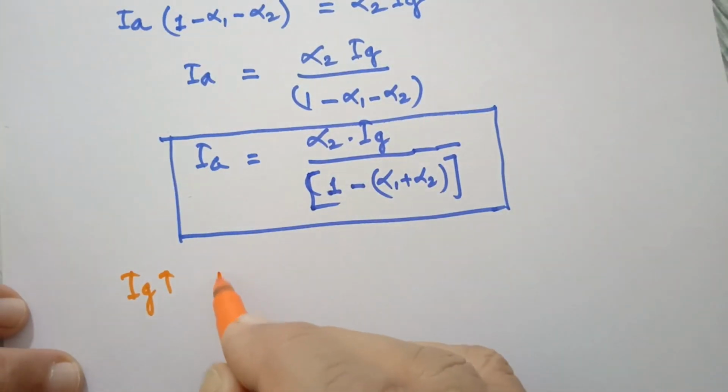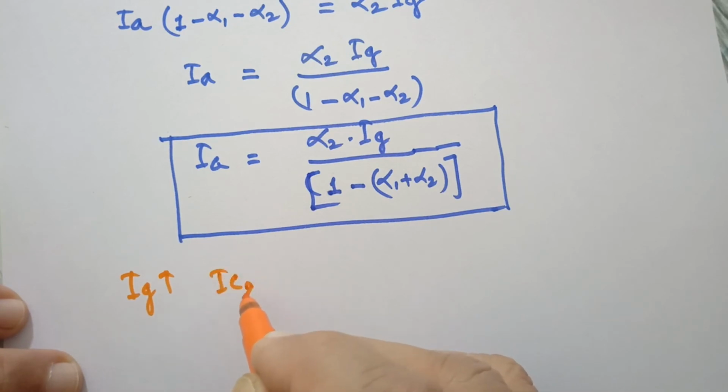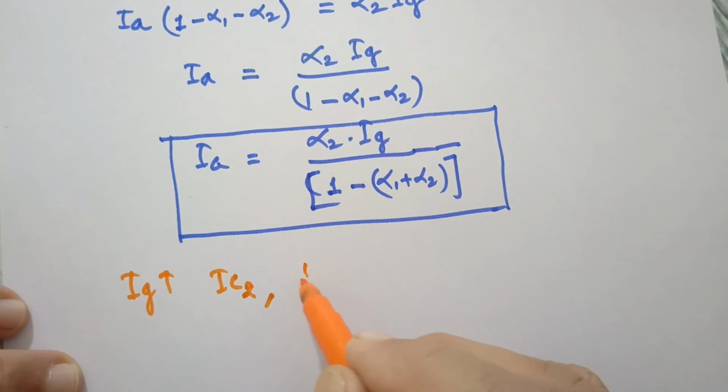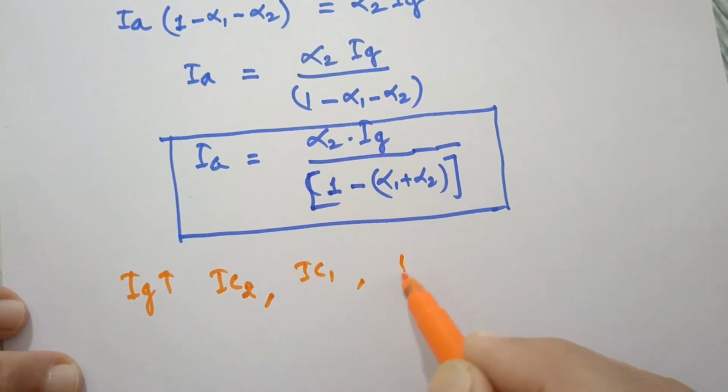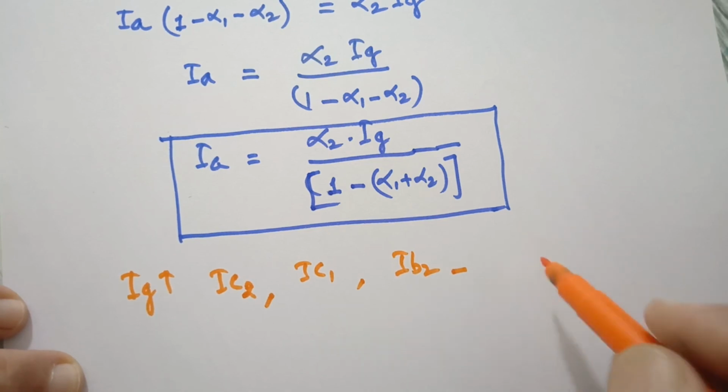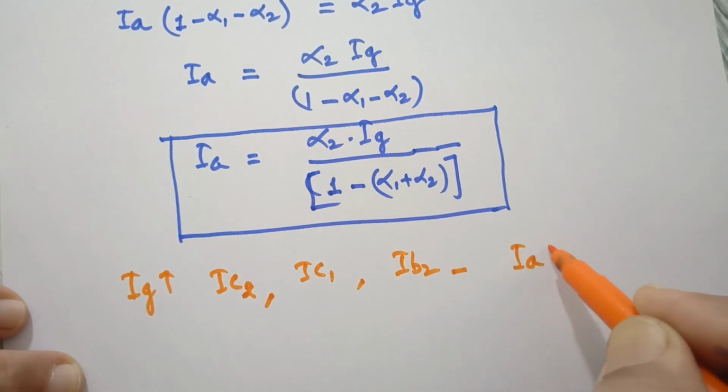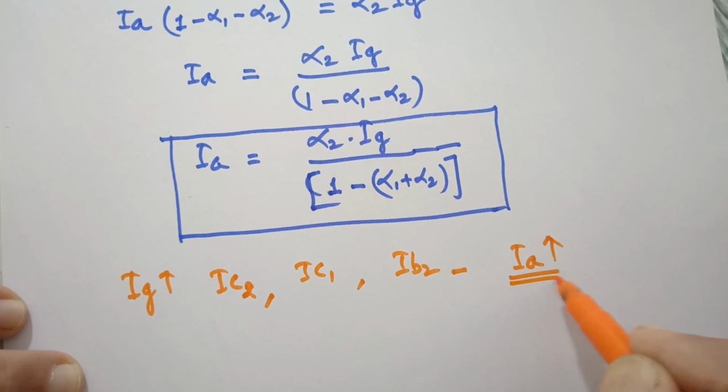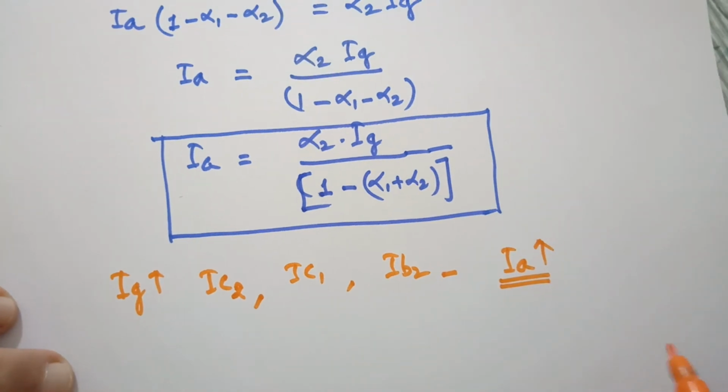This increases IC2, this increases IC1, once again IB2, and in this way the collector current and finally the anode current increases. And alpha 1 and alpha 2 also increase with the increase in collector current and emitter current.